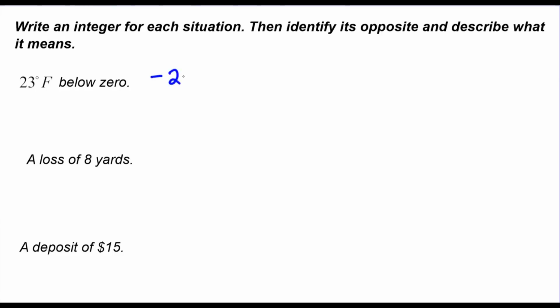So -23 would be the integer that I would use to describe 23 degrees below 0. Now we have to identify its opposite. The opposite of -23 would be +23. And then we have to describe what that +23 would represent in this situation. Well, +23 would be 23 degrees Fahrenheit above 0.